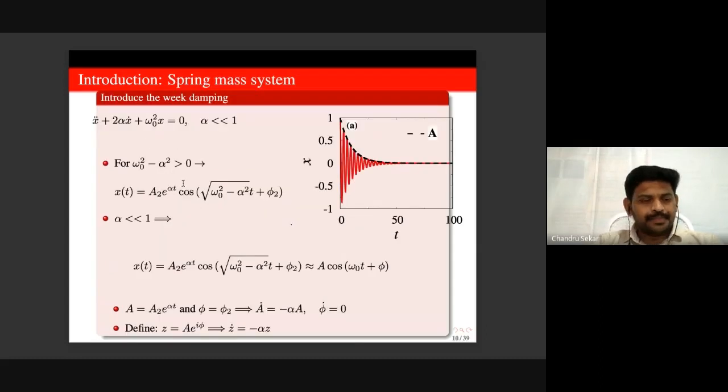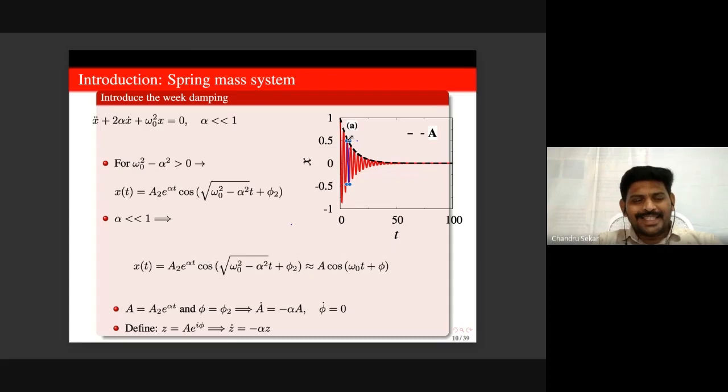For example, consider the damped harmonic oscillator. Here, when x completes a cycle, a varies by a small value. You see that, a varies by a very small value.